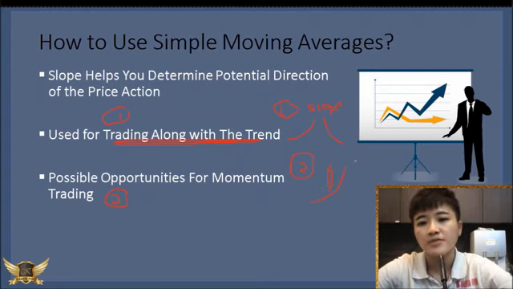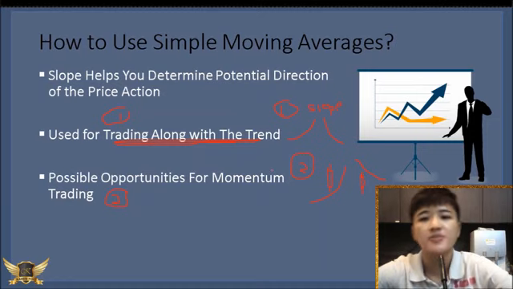Okay? Whereas for a sell market, you need to make sure that the price is ideally below the moving average. So of course, this one might be a little bit confusing at first. I'm going to give you some examples, so don't worry about that.